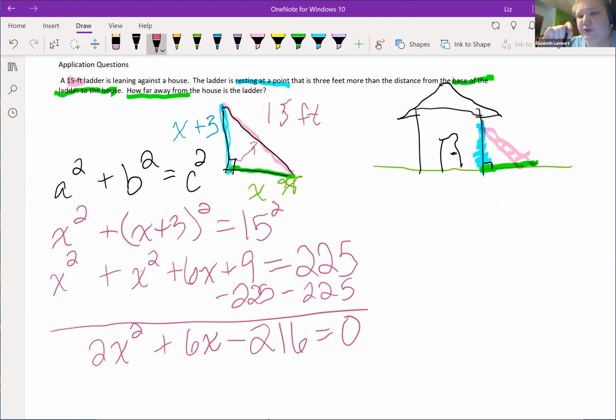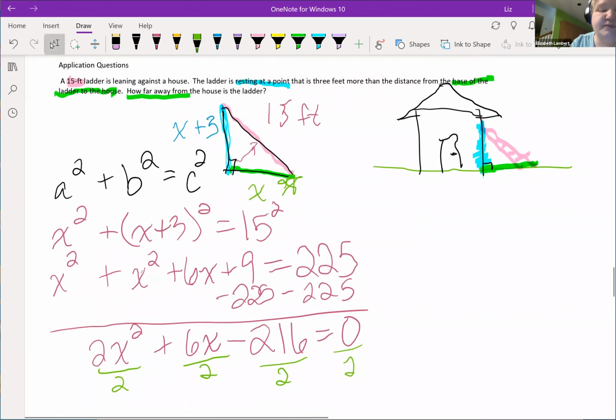What do you notice about those three numbers? They're all even. So why don't we go ahead and reduce now so we don't have to reduce more later? Everybody is going to get divided by 2. So we now have x squared plus 3x minus 108.